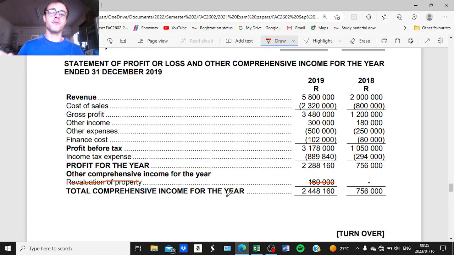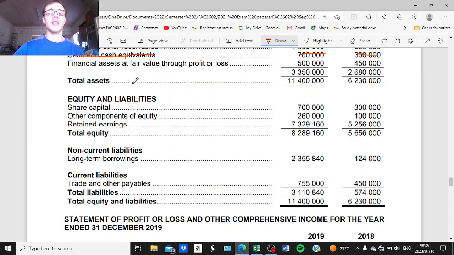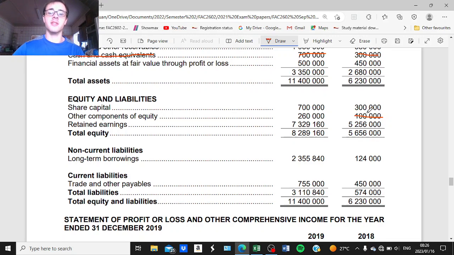Then we would search for the other components of equity line item in the statement of financial position. So if we look at our equity and liabilities section, in terms of other components of equity, there was a change in the balance of that item. The opening balance was 100,000 and the closing balance is 260,000.